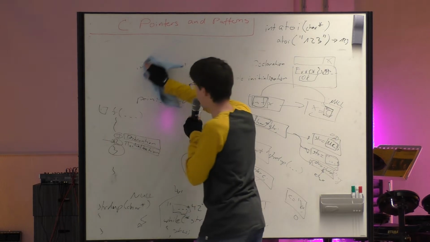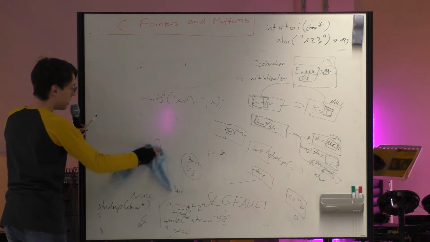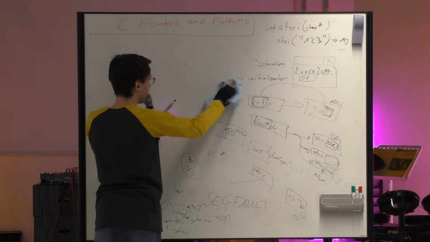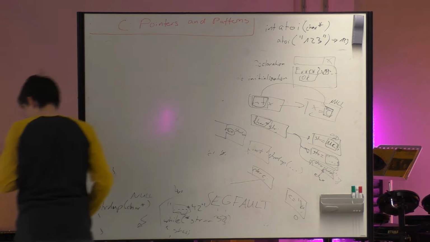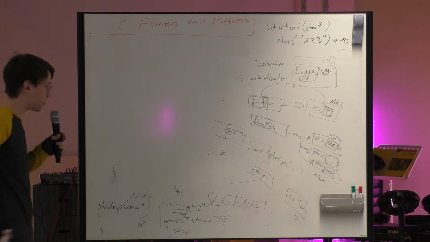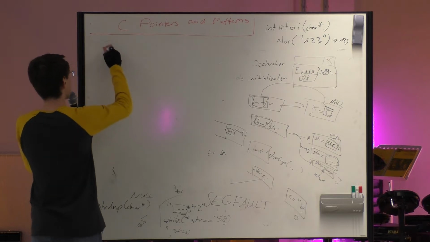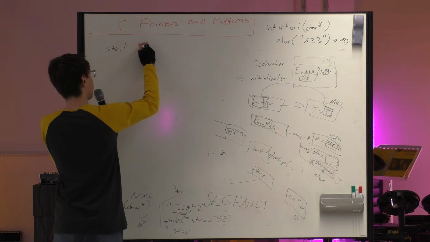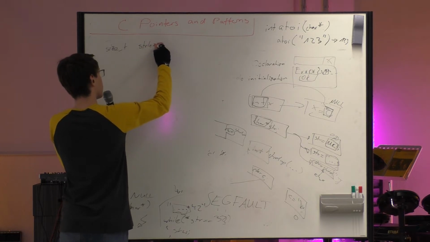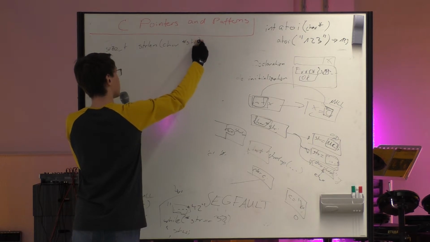The second kind of pattern that I'm going to talk about are the guard patterns, and they are basically coming after the declaration and initialization. Guard patterns are really important. So let's say you were to write a function that takes the string length. So you have the size_t, string length of a string.